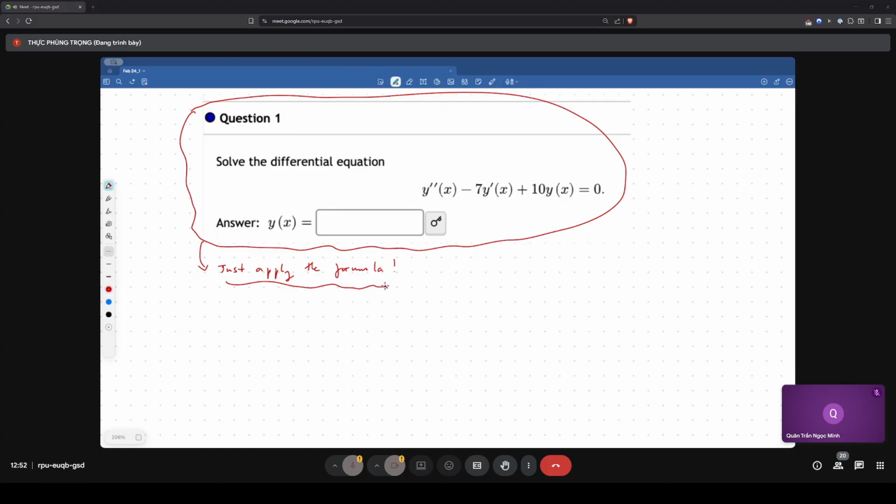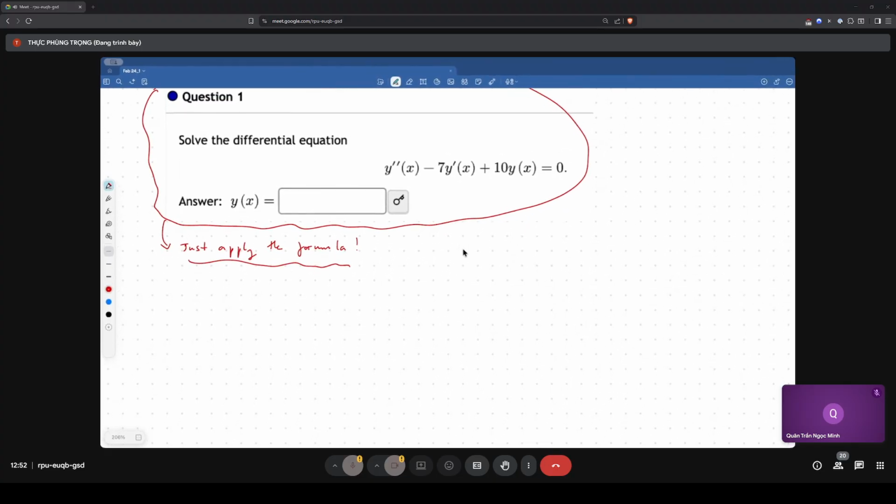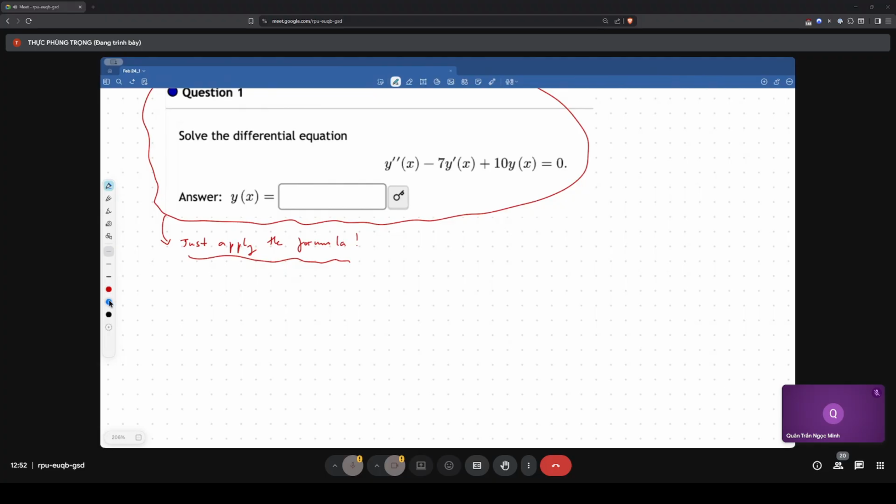All right, if you just apply the formula, it's extremely simple. The first thing you do is look at the characteristic equation. You get t squared minus 5t plus 10 equals 0.